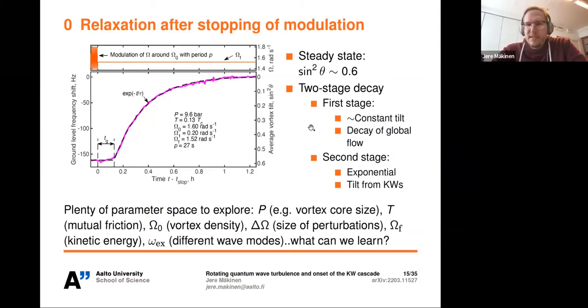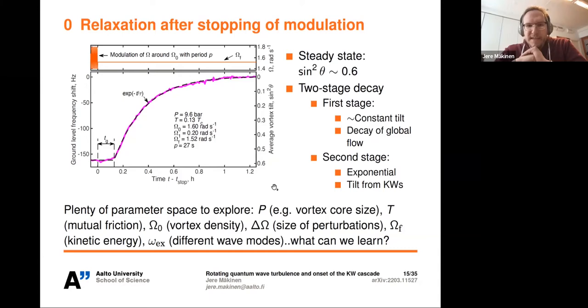So during this first stage, the vortex polarization remains roughly constant, and we estimate that this comes from the decay of global flow. We'll talk more about that in a bit. The second stage is essentially exponential relaxation that we assume comes from relaxation of this tilt angle that is mainly caused by Kelvin waves.